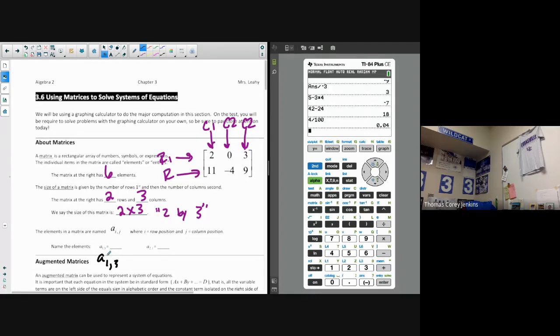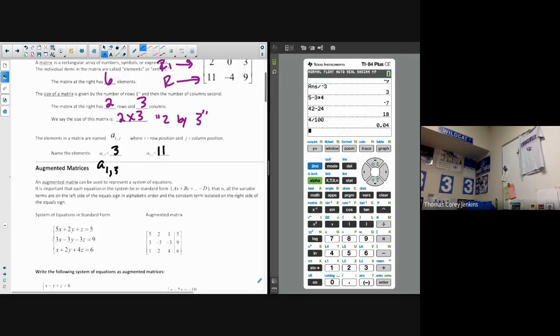So that means row 1, column 3. That would be 3. You can actually use your calculator even to help you with that part as well. Next one says 2, comma 1, so that'd be 11. So that's just some of the basics.